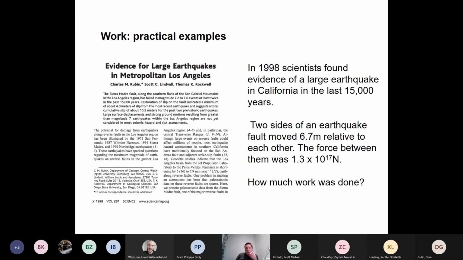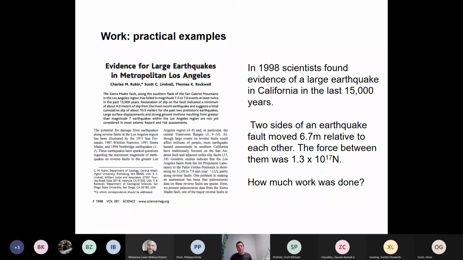Just a couple of practical examples as well of places where understanding this work done is really important. When you have an earthquake, obviously the amount of energy in earthquakes is huge, but you can calculate the energy that you expect, because you know the stress in the plates.